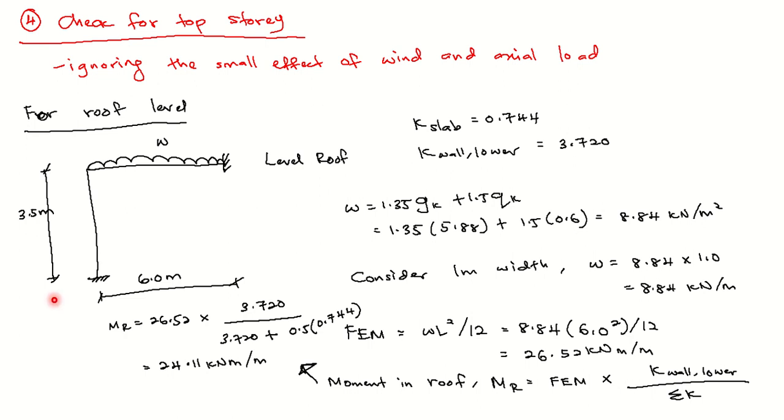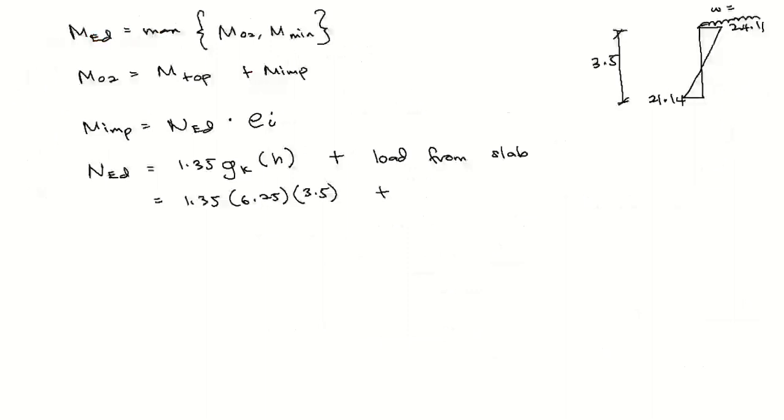Okay, this 8.84, half of this W will be carried by this wall, and half of this W will be carried by whatever the support here. Okay, maybe you have column here. Alright, so for this shear wall, it will take only half. So 8.84 divided by 2. This is already in kilonewton per meter, so we can just add the value here. Okay, 8.84 divided by 2. Right?